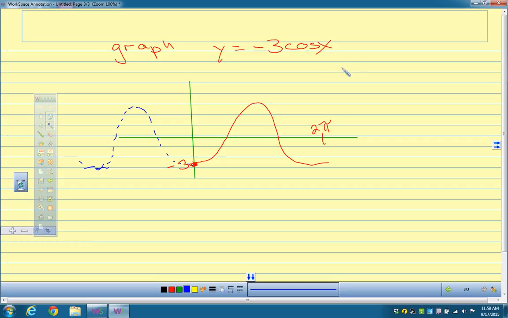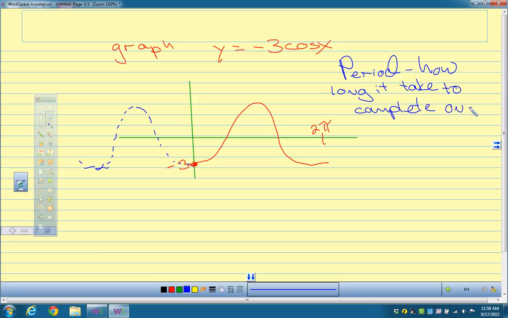So the period is defined as how long it takes to complete one cycle, okay?